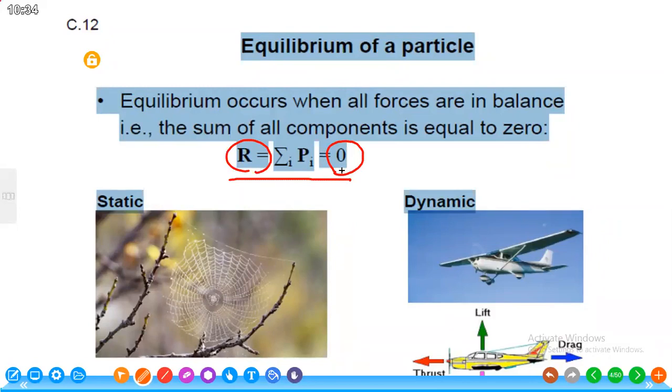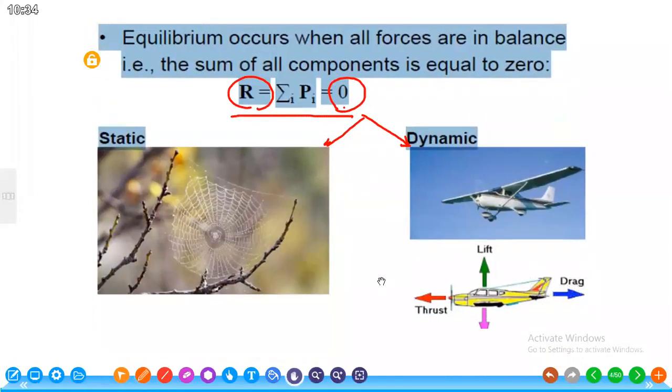Equilibrium can be categorized into two ways: static equilibrium and dynamic equilibrium. This figure shows static equilibrium, and the second figure shows dynamic equilibrium.